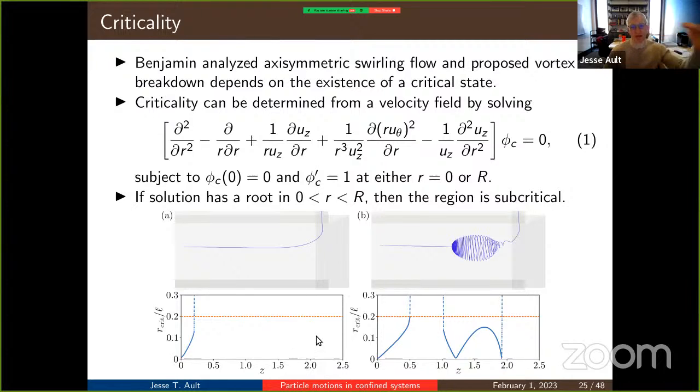Again, you have to pick an outer radius to compare to, but the idea is at a lower Reynolds number, you don't see any roots in this outer region. And then as you increase Reynolds number, you start to see the appearance of roots to the solution of this ODE in exactly the same location as what we say is a vortex breakdown region.